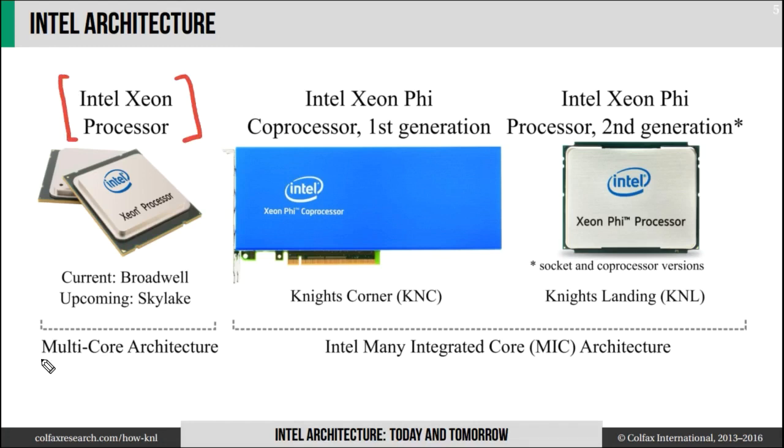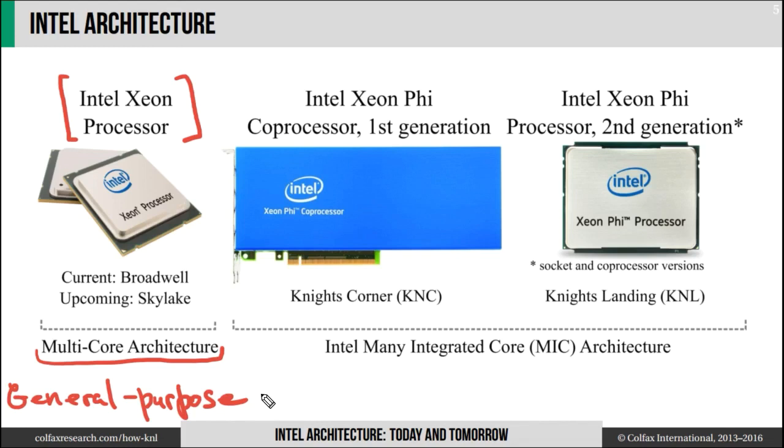Together, all of these processors form the multi-core architecture because they feature multiple execution cores in each chip. And this architecture is general purpose. This means that you can use this architecture for computational applications, and you can also use it for running applications such as web servers or data management or running consumer applications.